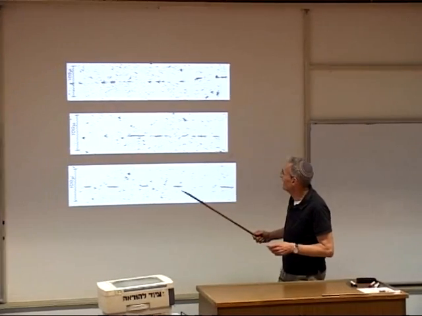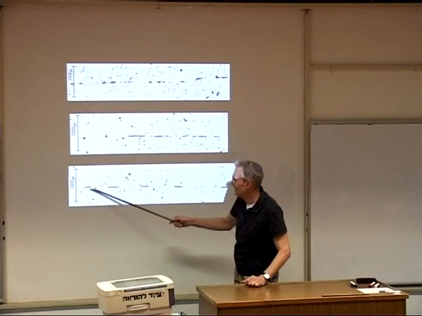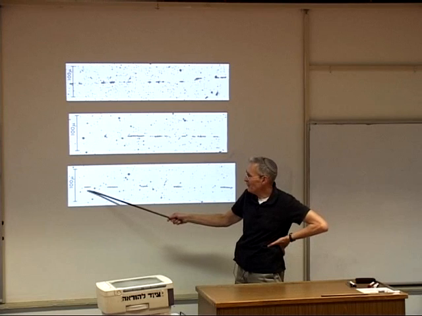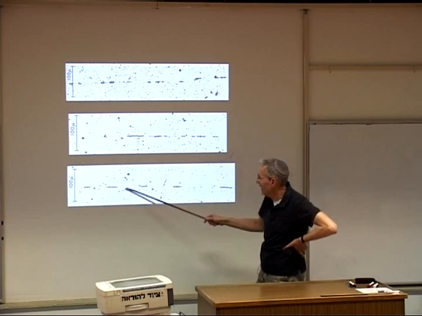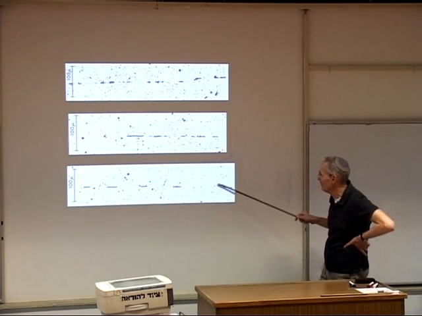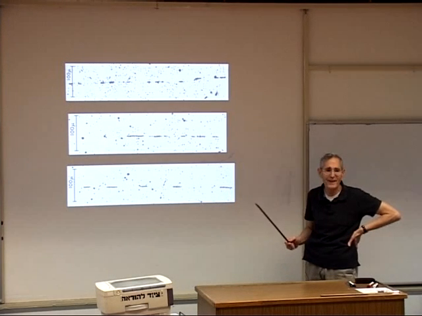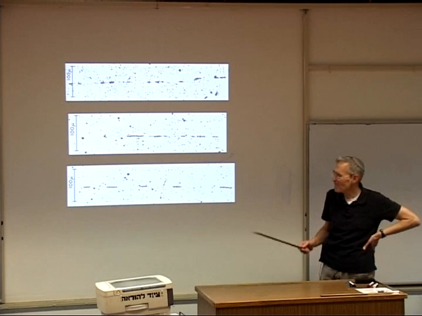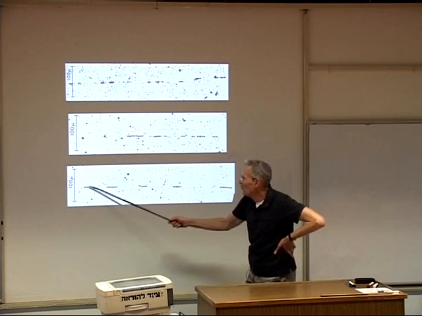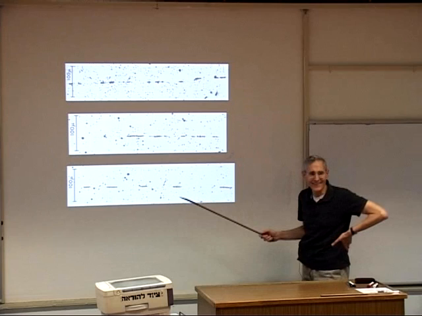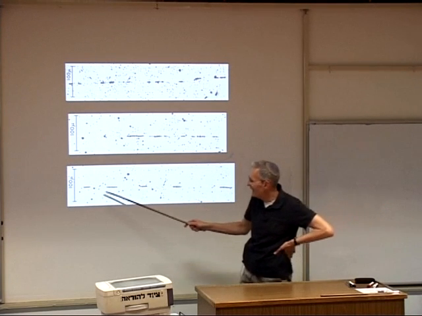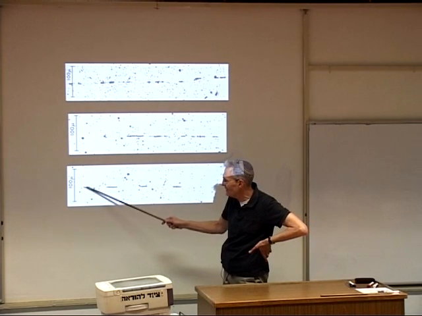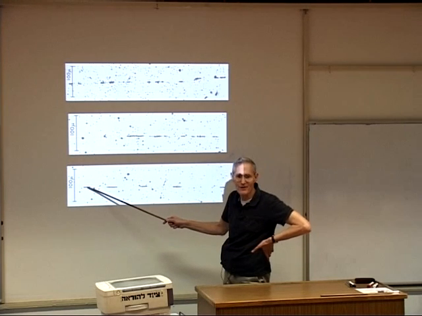So let's take a look over here. First of all, you see all these black lines are regions that have undergone replication and incorporated thymidine. What are we seeing here? What we're seeing is that at the center of each of these lines is an origin.